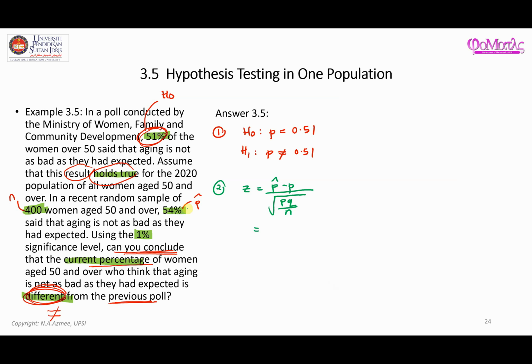P hat is 54%. This is the result from the sample, 0.54. Minus P, P is equal to 0.51.